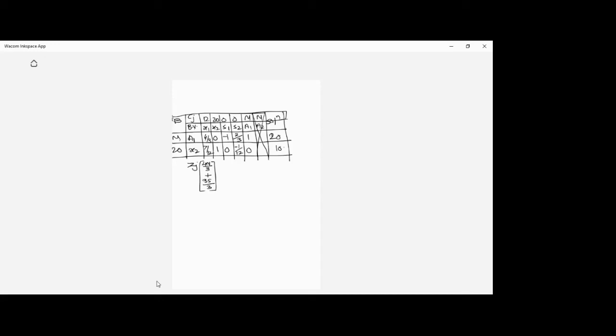Similarly, in your x2 column, I can write this as it is, it can be only 20 here, right? For S1, I will have to write it as minus m here. For S2, it will be 2m by 3. It will be minus 5 by 3.